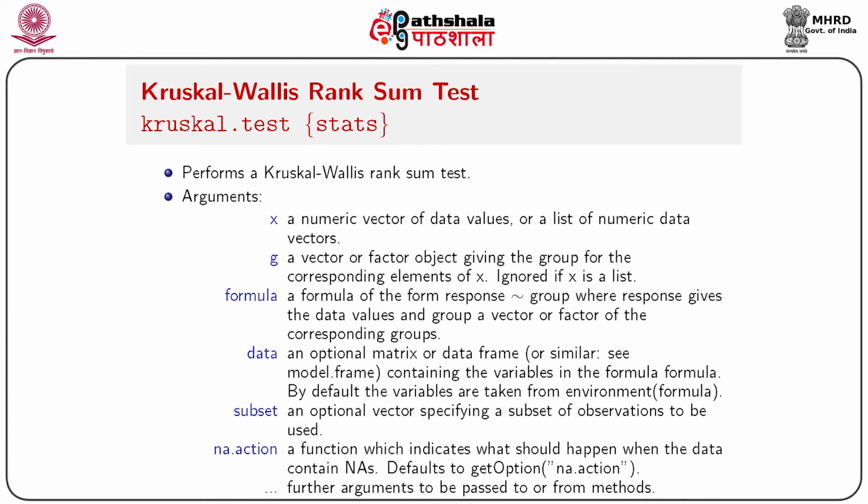Formula: you can also pass a formula structure, the way it has been shown for the earlier Wilcoxon test functions. Then data, an optional matrix or data frame, then subset, an optional vector specifying a subset of observations to be used, and na.action, which should be na.omit.